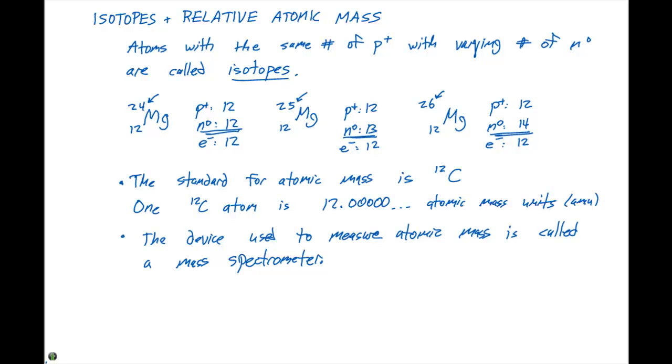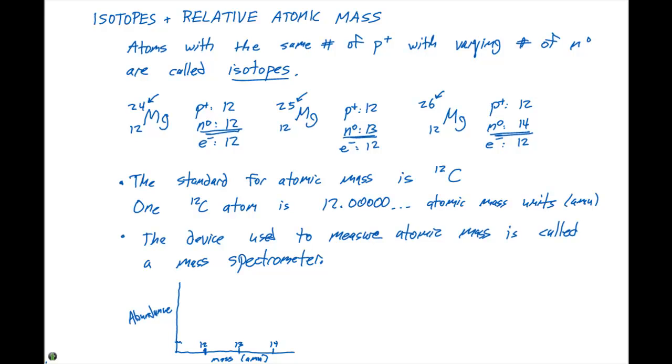So what happens is when you use your mass spectrometer, it's going to give you a readout that has abundance on the y-axis and the mass in atomic mass units on the x-axis. So if this were carbon, we would have a mass of 12, a mass of 13, and a mass of 14 on our x-axis.